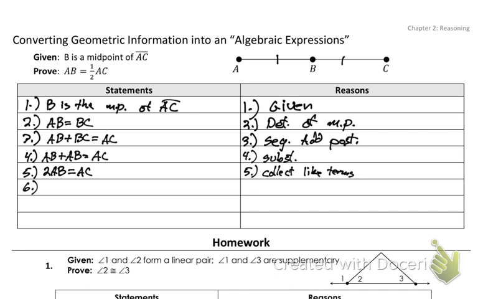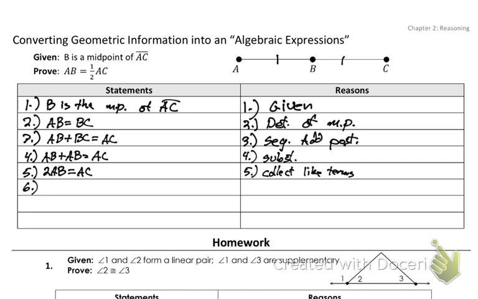Step 6. Who's got step 6? I want all of it. I want the statement and I want the reason why. Give everyone a chance. Maybe it could be someone new that hasn't given me an answer yet. I'll wait. If you're going to grab one, this is the one to grab because we've done this.